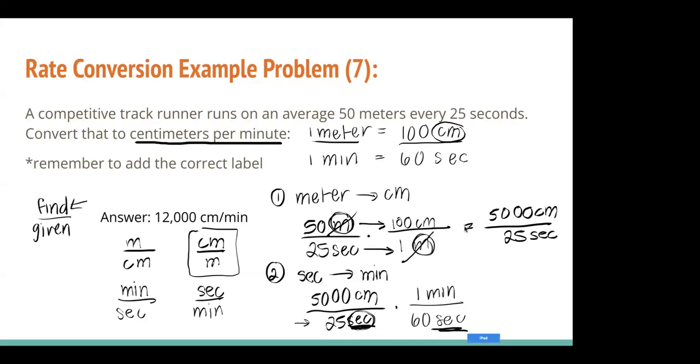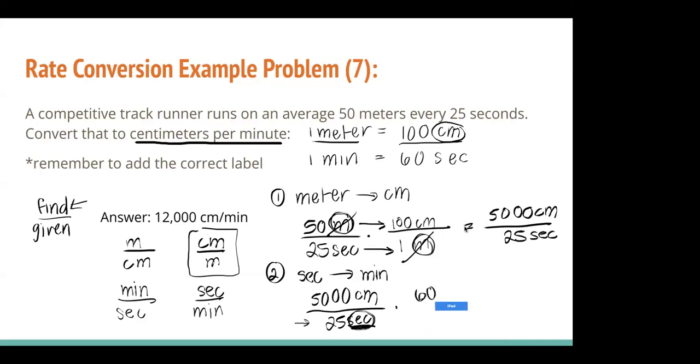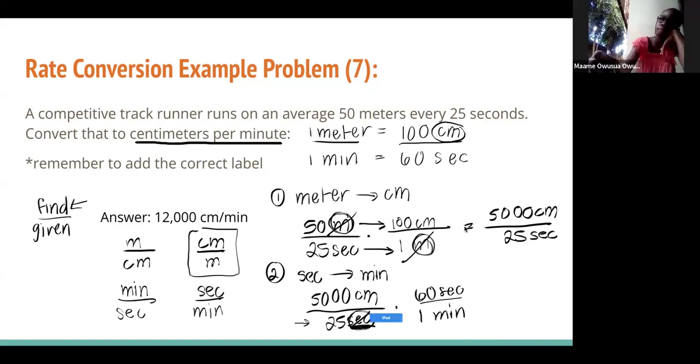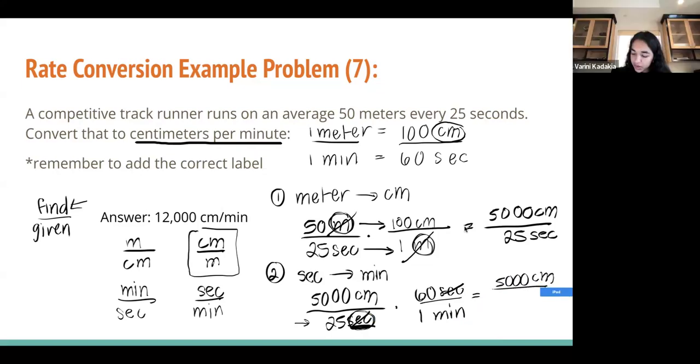So what happens if I do 60 seconds over 1 minute? Will my seconds cancel? Yes. So now I'm left with 5,000 centimeters times 60 over 25 minutes, right?